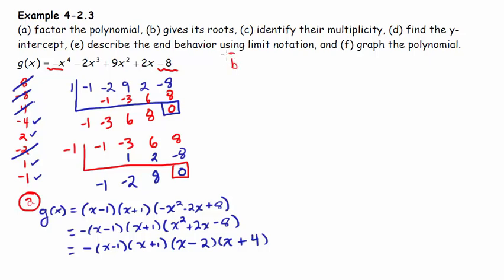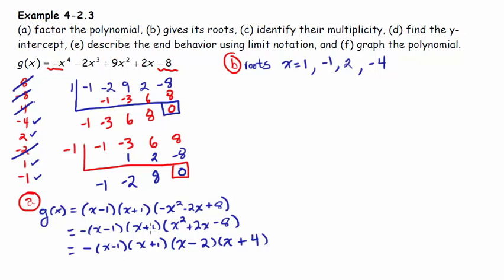Now part B. We need to identify the roots and their multiplicity. So let's see, my roots are going to be 1, negative 1. I have a factor of x minus 2, so that would give me a root of positive 2, and x plus 4 would give me a root of minus 4.